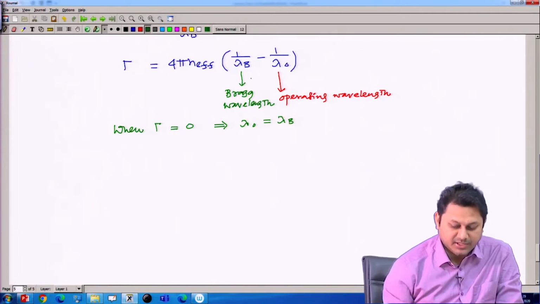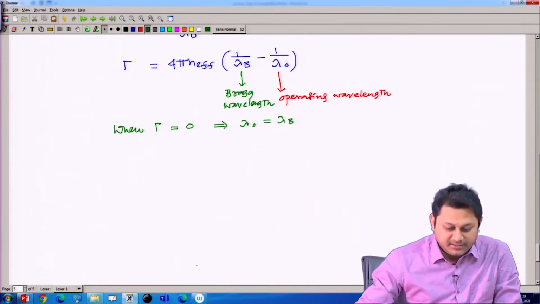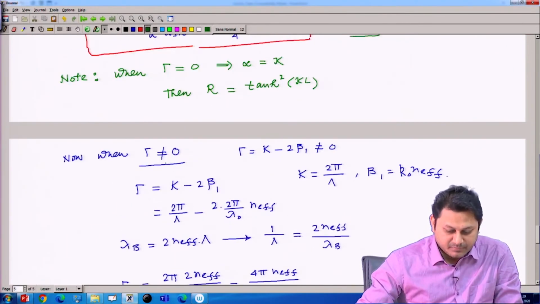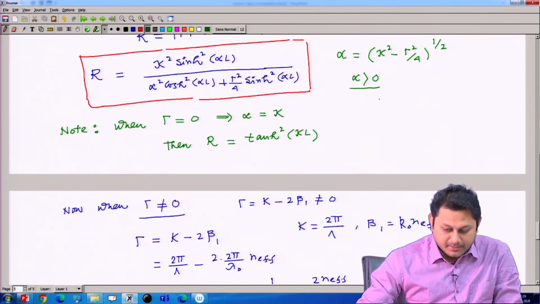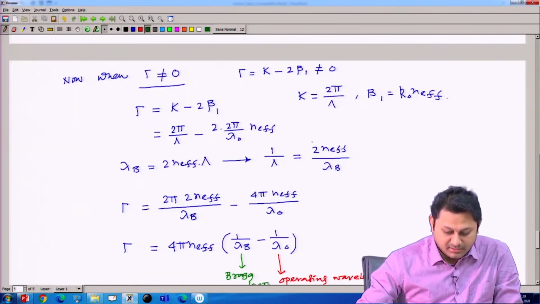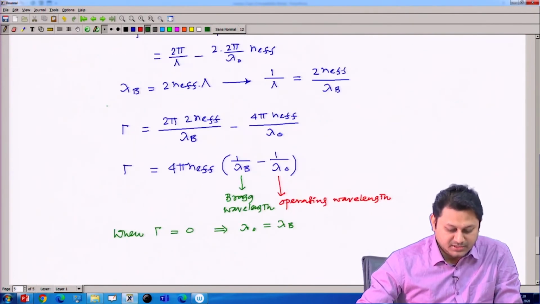From this expression also we can find that. That means if I change the value of gamma, then the reflectivity is going to change, because inside this expression gamma is hidden, and this big gamma is here in alpha. So if I change the wavelength, this reflectivity is going to change.